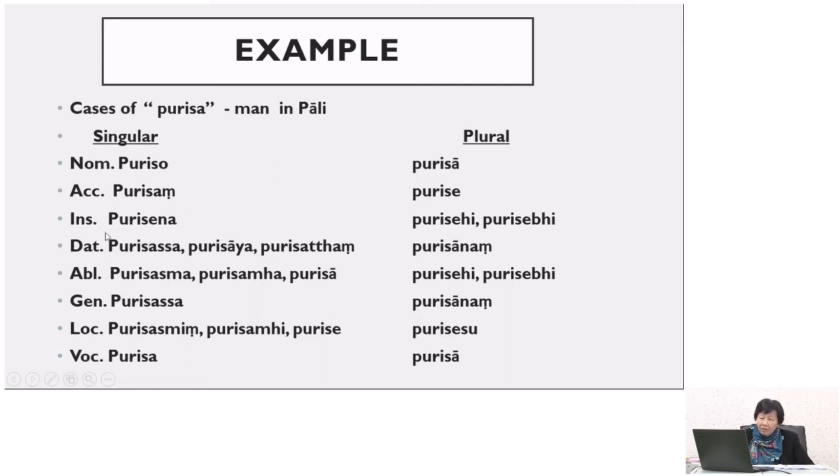So here there are 8 cases, and you have at least 16 different words that you have to know. You have to use each one correctly or properly when you describe Pali. So I would ask you, how many suffixes are there? How many affixes are there? Are there any suffixes? Are there any prefixes in Pali? How about this one?